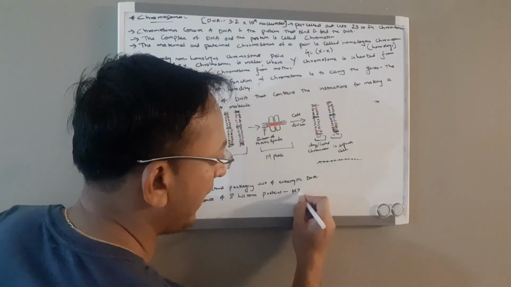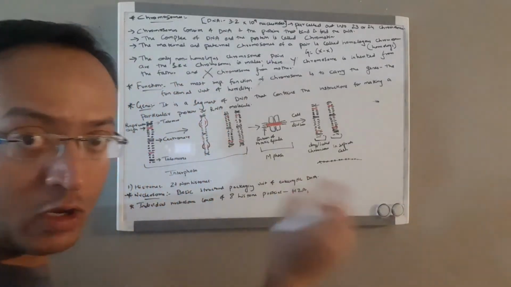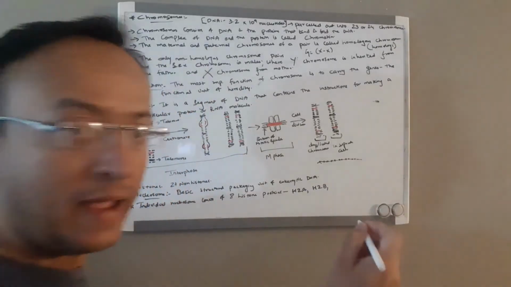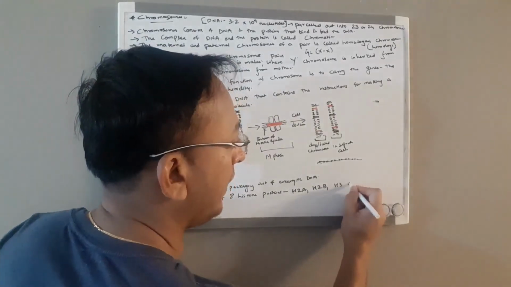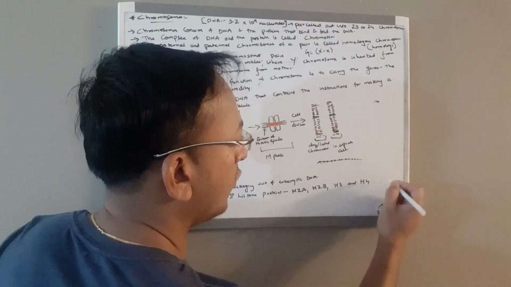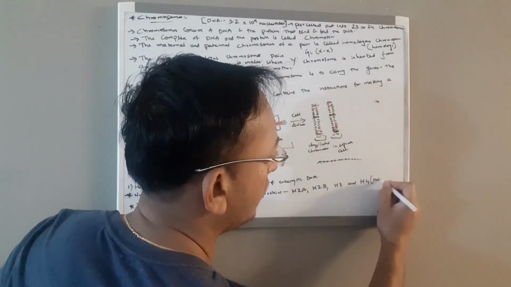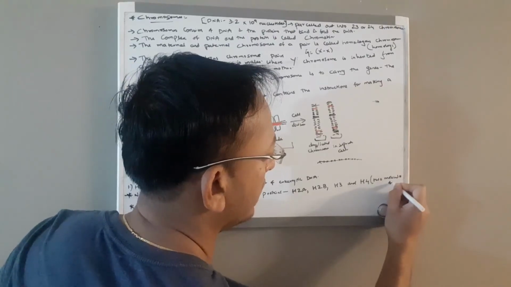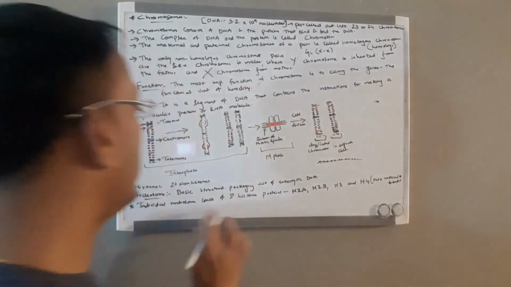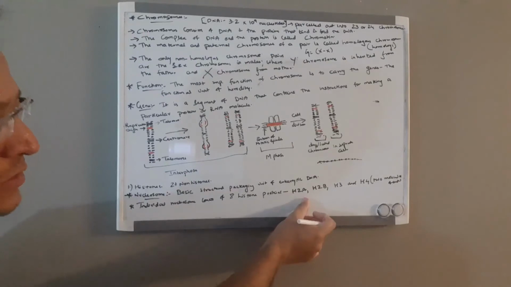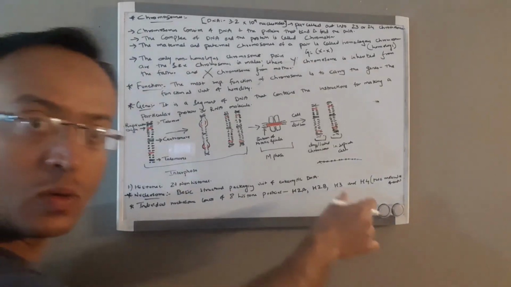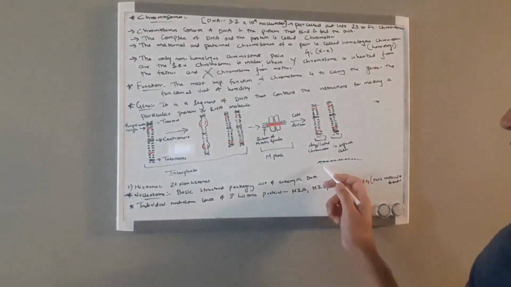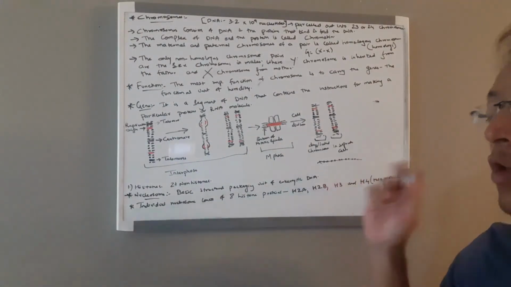So it is H2A, H2B, H3, and H4. I will write it down. Two molecules of each. So this is how it consists of 8 histone proteins, H2A, H2B, H3, and H4, and a stretch of double-stranded DNA in this one nucleosome core particle.